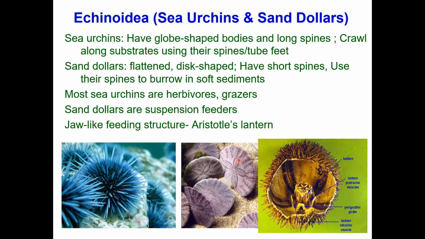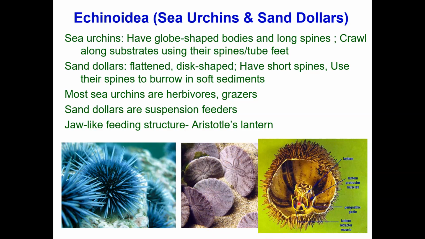Most sea urchins are herbivorous. They graze on algae, and they are voracious grazers. They are very fast in feeding on algae, aquatic weeds or seaweeds. Sand dollars, on the other hand, are suspension feeders, right? Sea urchins have a really cool structure called Aristotle's lantern.